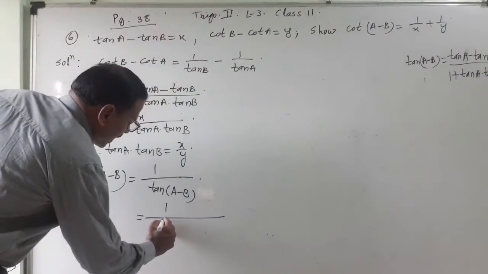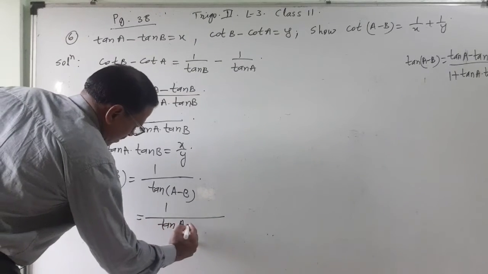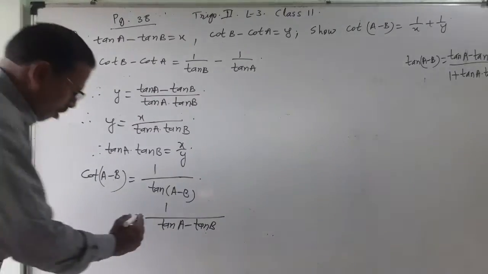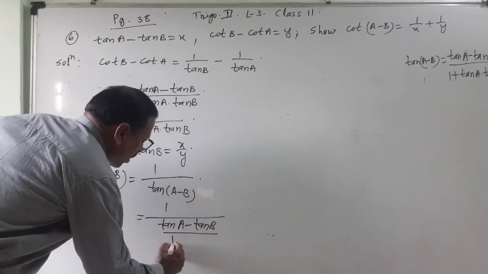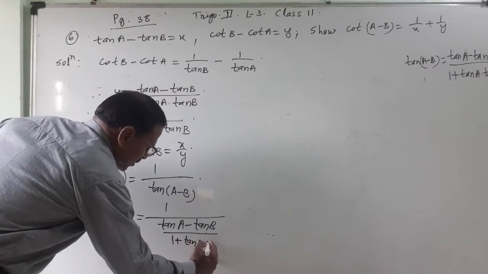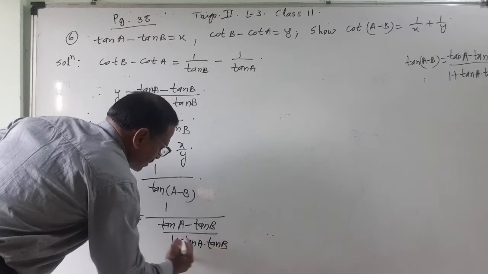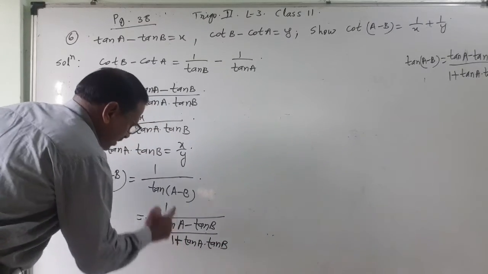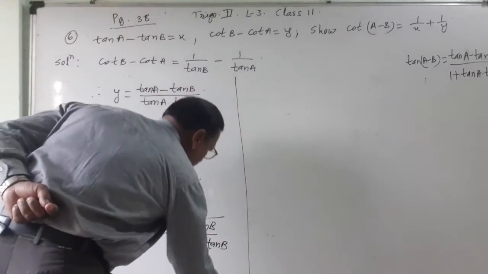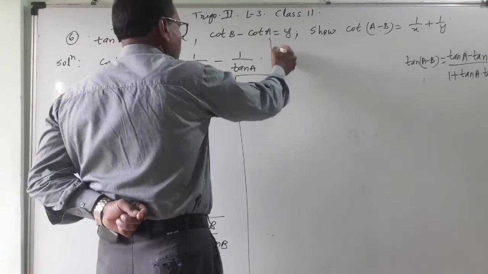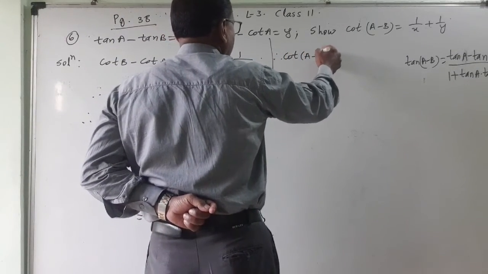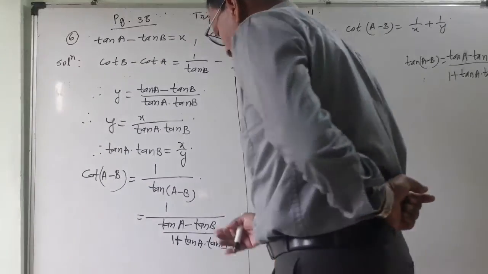So this is tan A minus tan B upon 1 plus tan A into tan B. Therefore, cot of A minus B is equal to this.